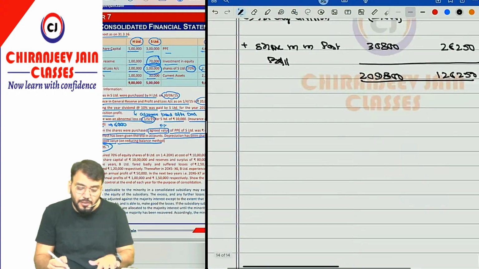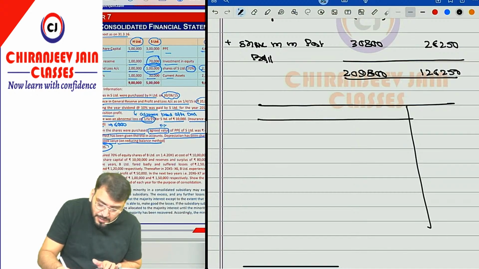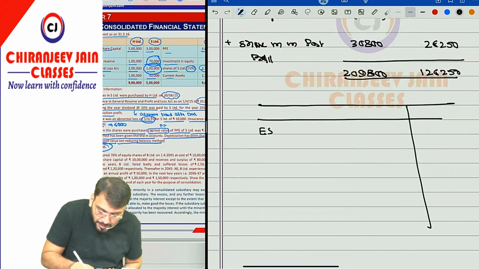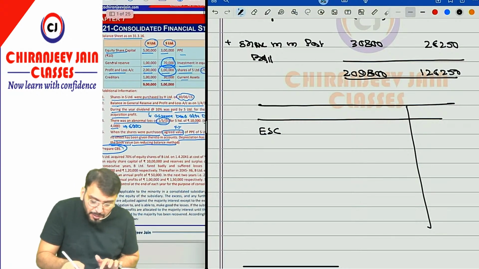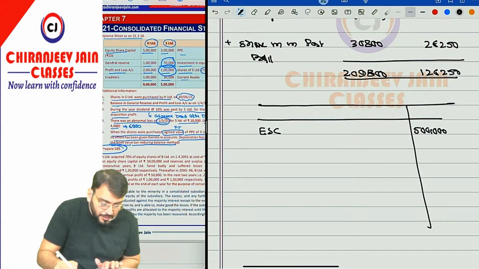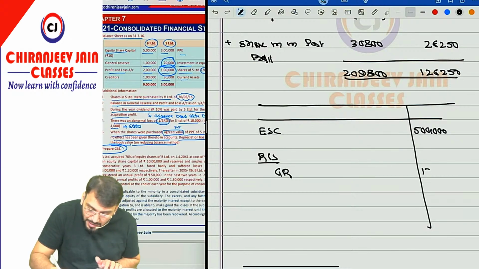Understood. Now let us prepare the CBS. I am just writing the line items. In the exam, prepare it with the full format. Equity share capital will be only 5 lakh because there is no adjustment for this. Then under reserve and surplus, general reserve will come as per the working note, that is 1,26,250.